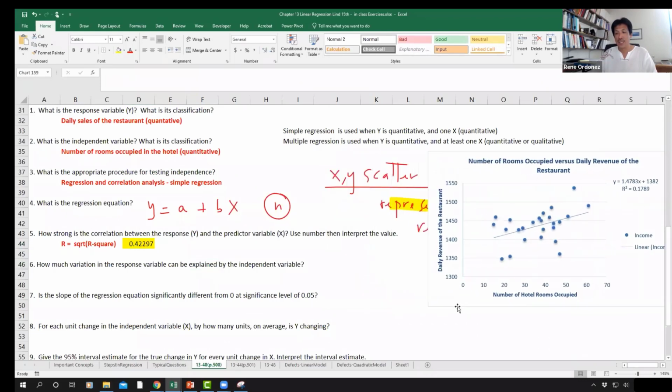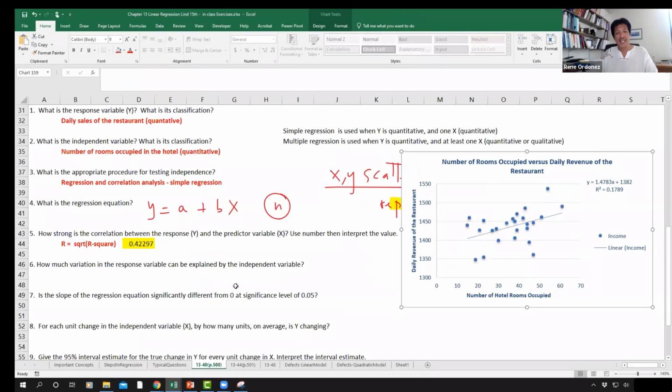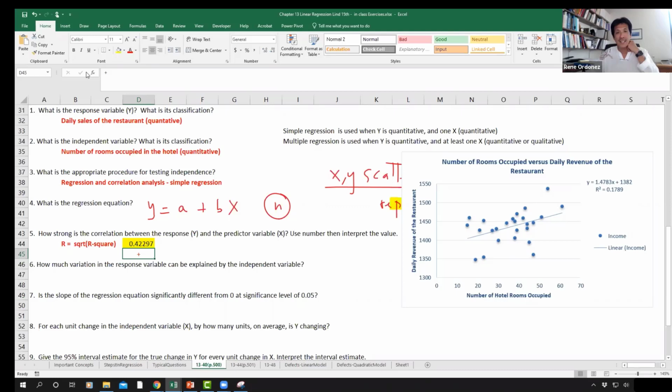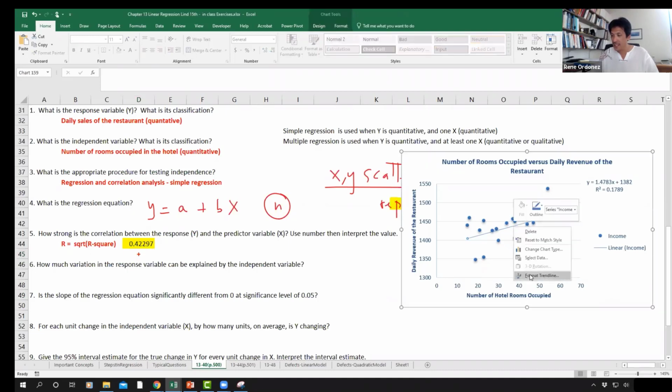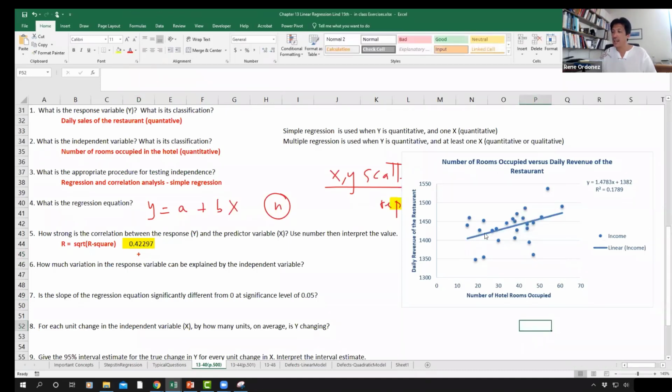What is its interpretation? All right, now the sign of the slope here is plus. Okay, why did I say plus? Why not negative? Well, if you look at this line here, let's make that thicker so you can see. Note that y increases as x increases.